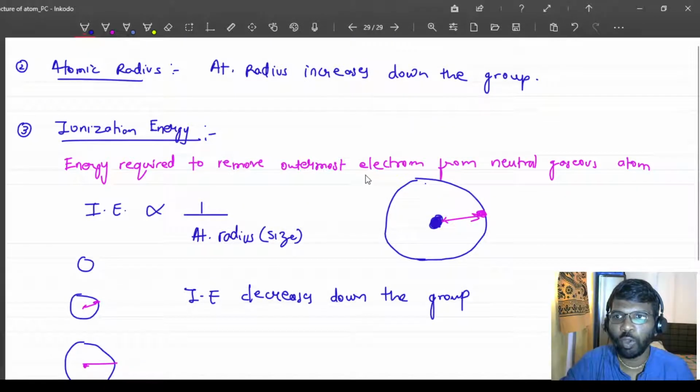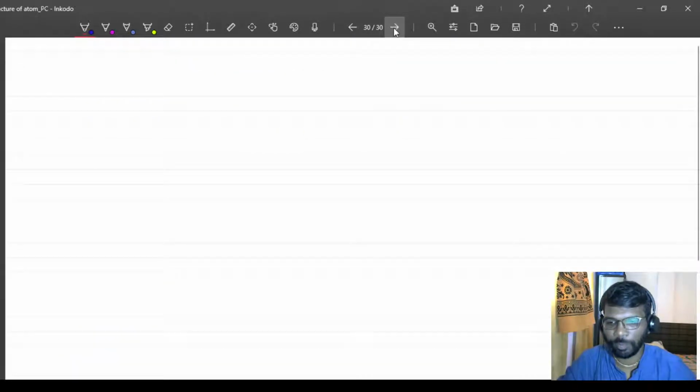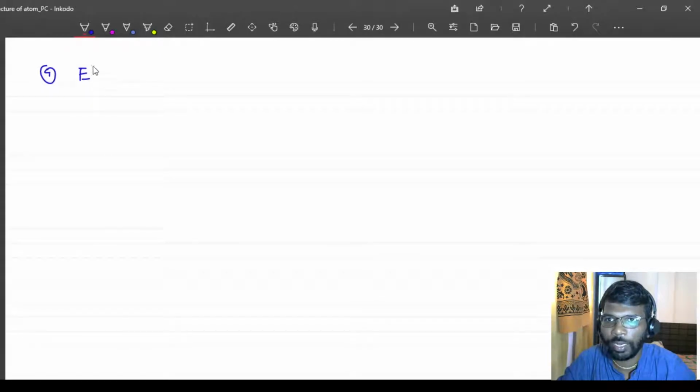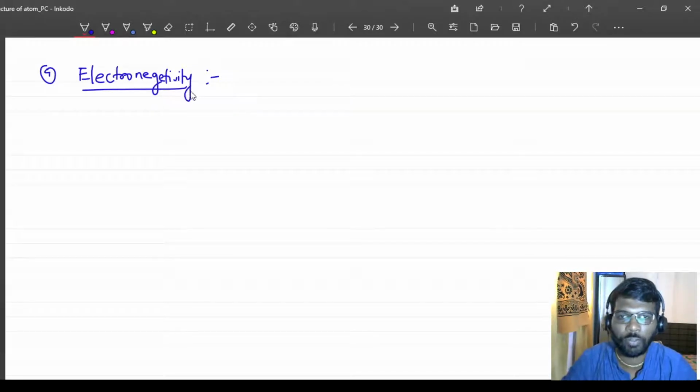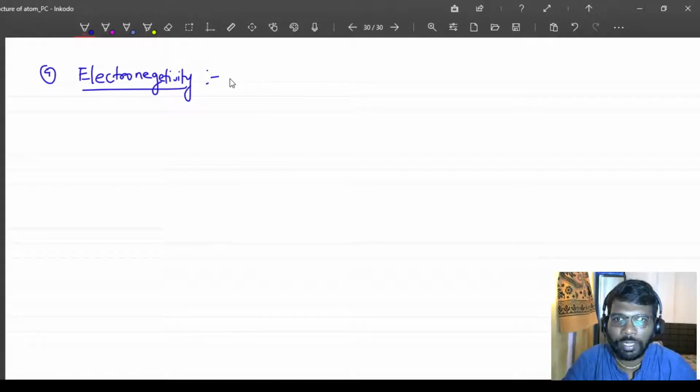Same way, there are more properties. Fourth is electronegativity. Electronegativity is the tendency of an atom to attract the shared pair of electrons toward itself in a covalent bond.